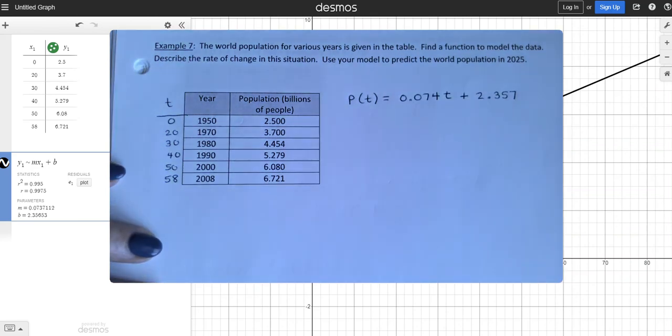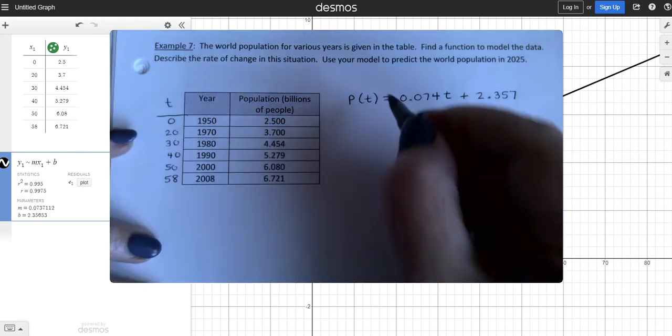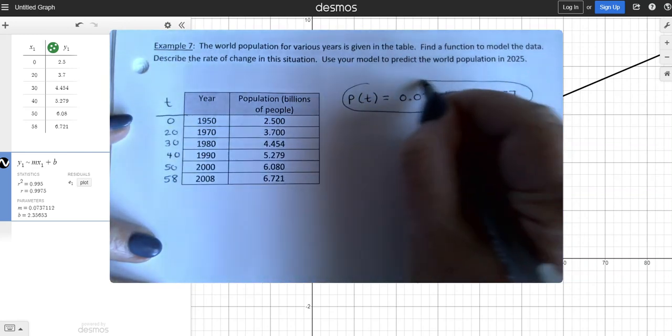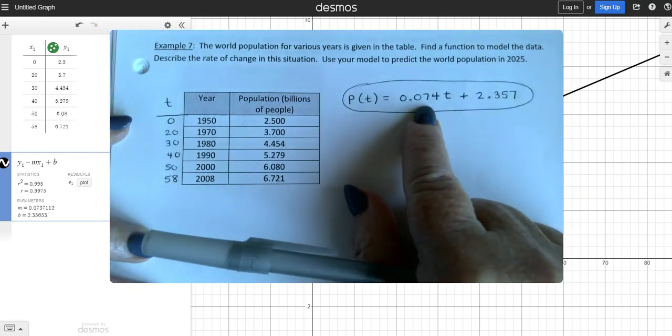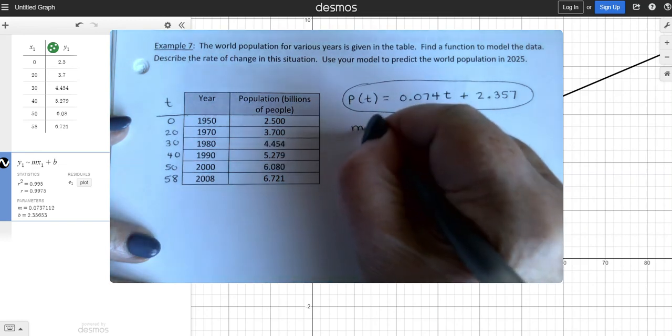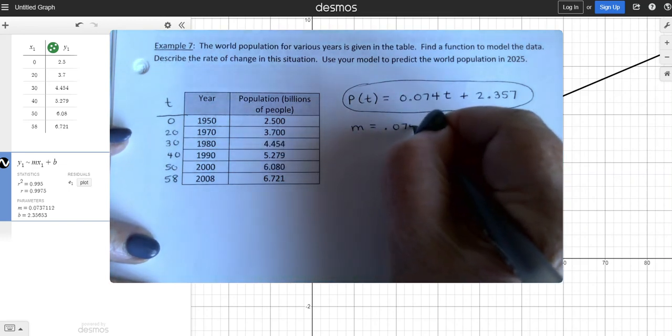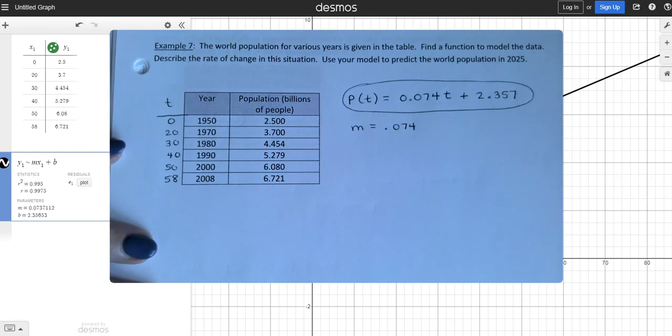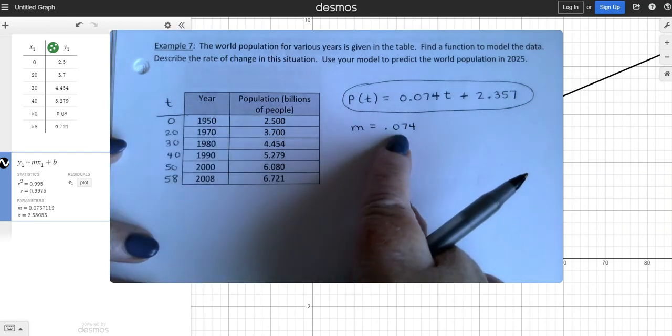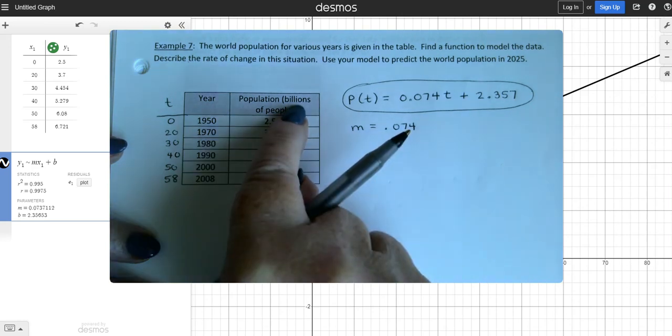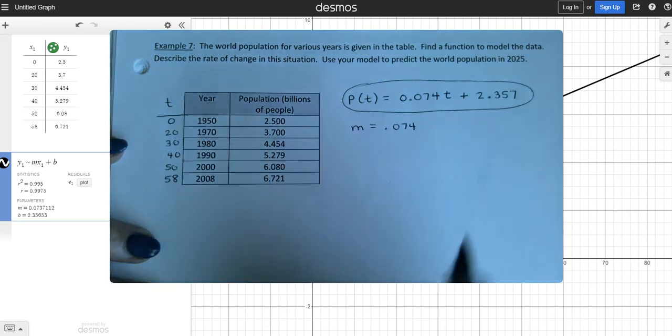All right, this is an absolute rate of change since it's linear. So when I interpret my rate of change, I interpret that slope. M is 0.074. Population is increasing, since it's positive, by 0.074 billion people per year.